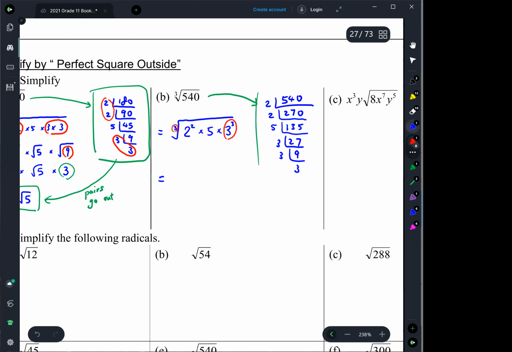When it goes out, the cube will cancel out with the cube root, so you're left with 3 on the outside. Don't forget it's a cube root. Whatever is not enough to come out, you have to multiply all together. So 2 times 2 is 4, times 5, so 20. So you have a triplet that goes out.